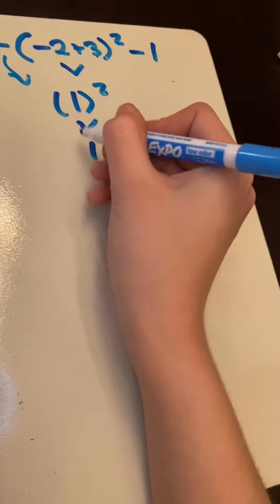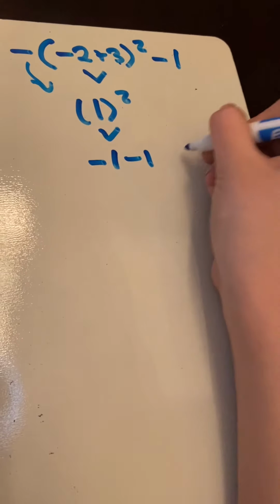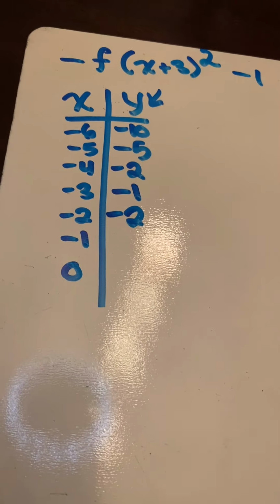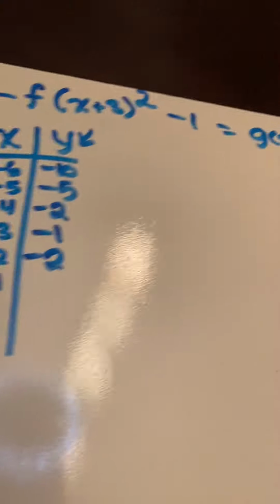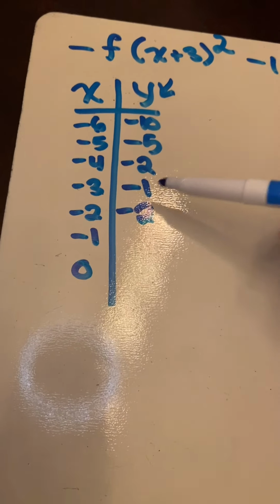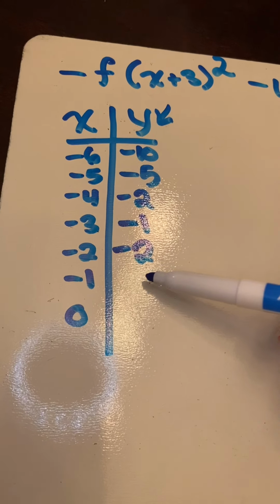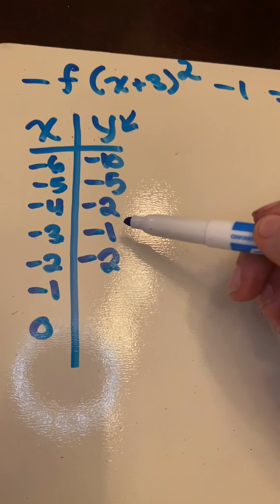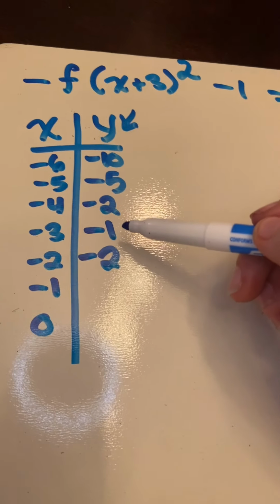Bring down the negative, minus 1 equals negative 2. So when negative 2 is your x, your y will also be negative 2. Then you can see a pattern here. Negative 2, negative 2, this will most likely be negative 5 and negative 10. This should be your maximum point.